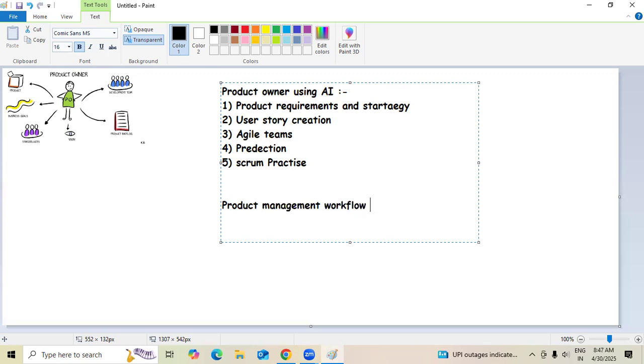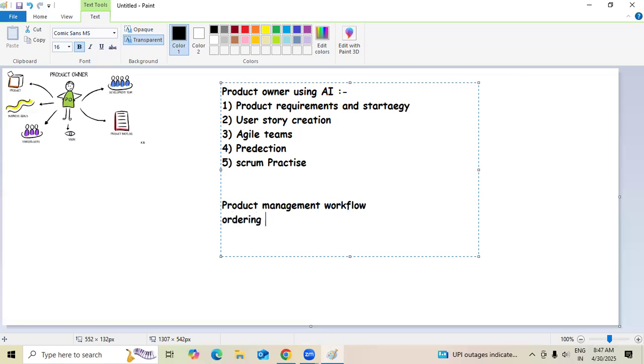Learning about the product management workflow is essentially important, not only as far as AI implementation is concerned, but even as a product owner. But in learning artificial intelligence, how the product management workflow process can be created and streamlined is something we must know. Okay, this is point number one.